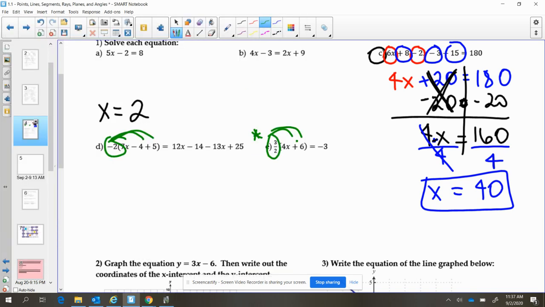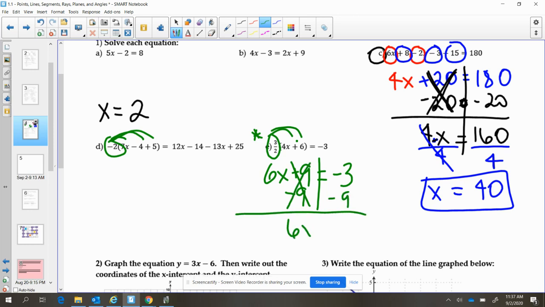So when we distribute this through, we have 6x plus 9 equals negative 3. And again, everything is condensed on both sides, so we can start moving this across using that reverse order of operations. So we have 6x equals negative 3 minus 9, which is negative 12. And then divide that by that 6, we end up with negative 2.